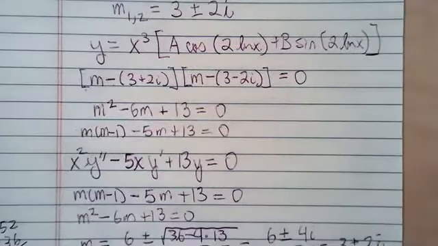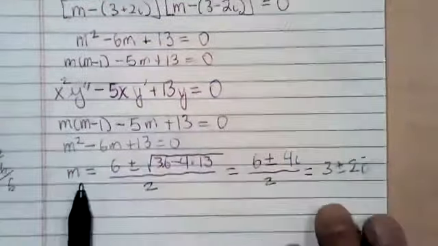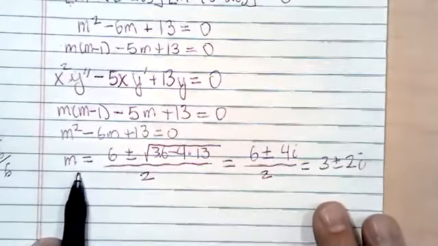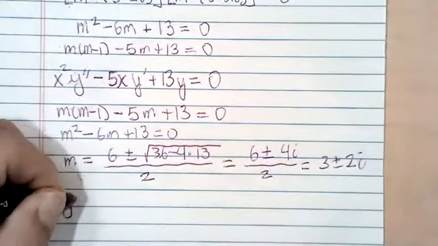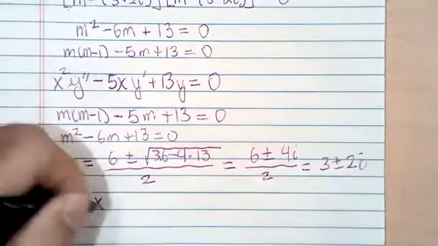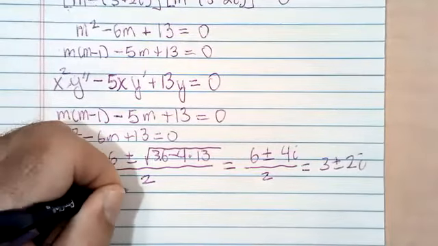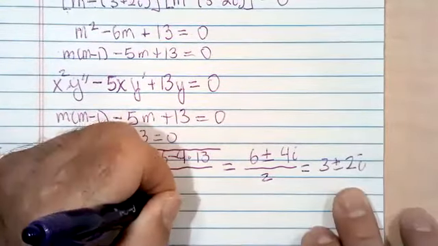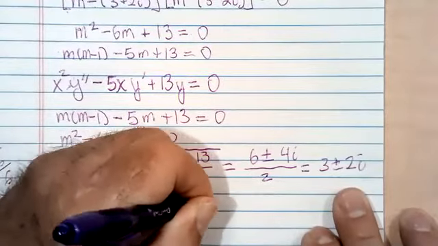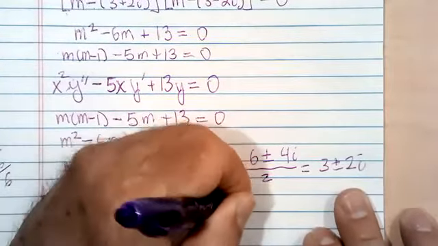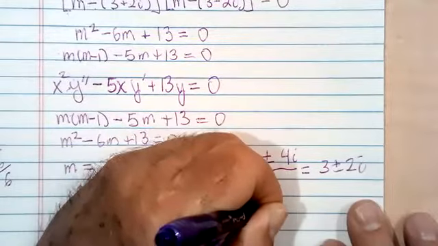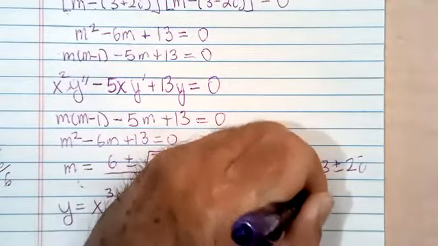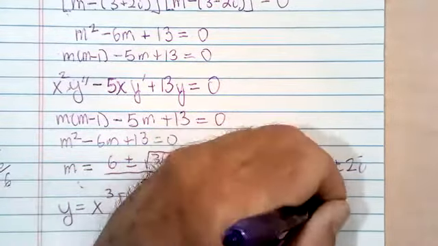Those are the two solutions to my auxiliary equation. And therefore, the general solution to my differential equation is x to the 3 times a cosine 2 log x plus b sine 2 log x.